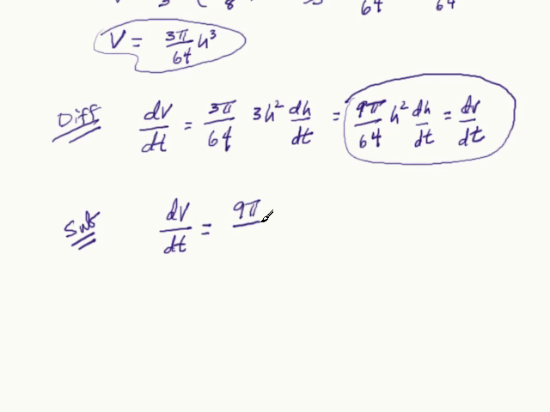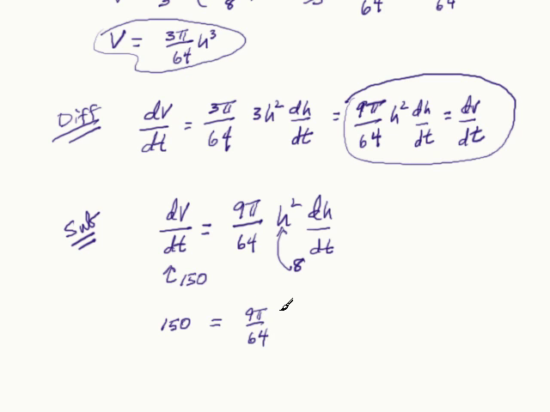I'm just rewriting this over here: dV/dt is equal to 9 pi over 64 h squared dh/dt. Now remember, dV/dt is always 150. We were told that. And we are interested in dh/dt when h is equal to 8. So let's substitute: 150 is equal to 9 pi over 64 times 8 squared times dh/dt.